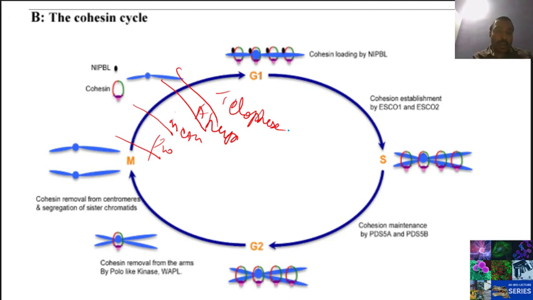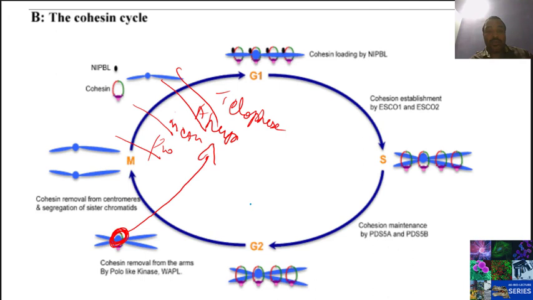So the cohesin will be active till it reaches anaphase, because only after metaphase will the cohesin be removed. Cohesin should be removed from the centromere for the progression of the cell into anaphase from the metaphase.